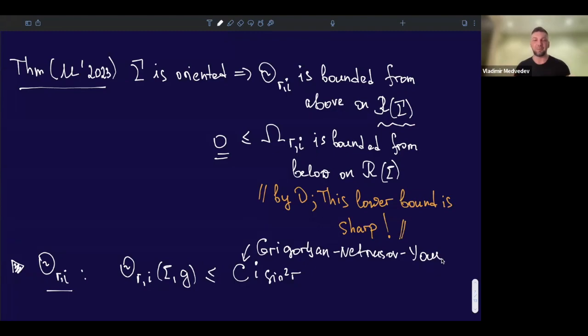So a lot of people obtained interesting results. I would say that you can ask all the questions that we have asked for the functional sigma bar for the normalized Steklov eigenvalue here for these functionals. So there is a lot of work here.